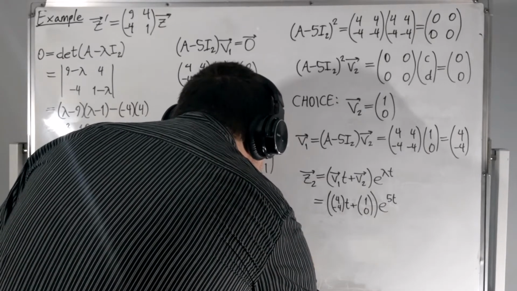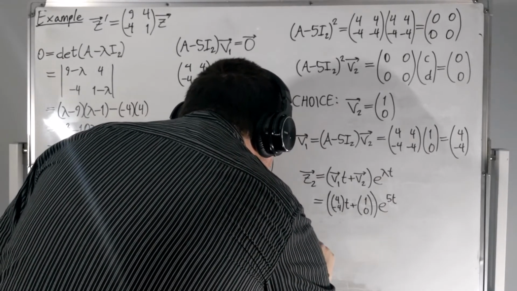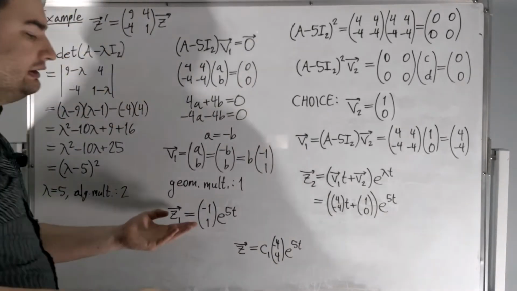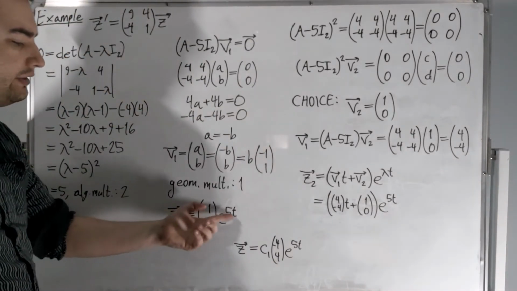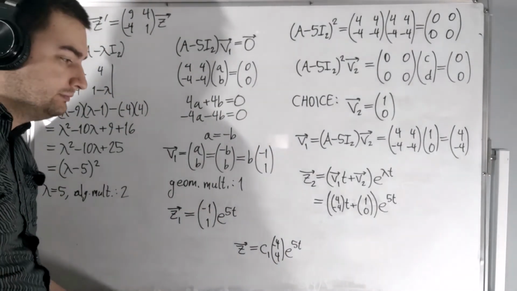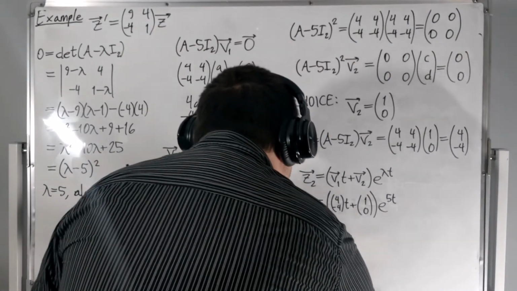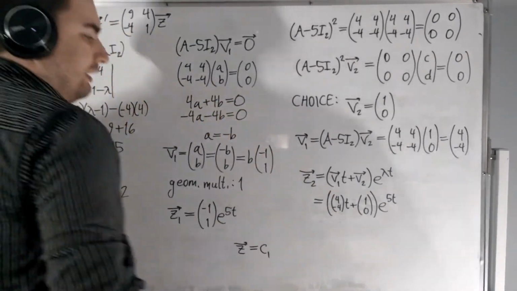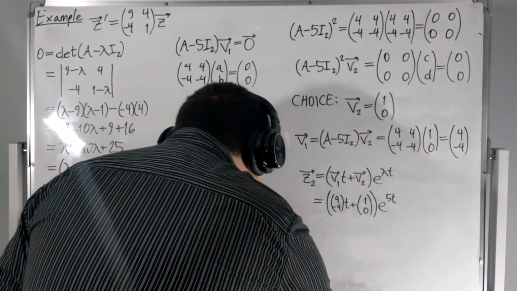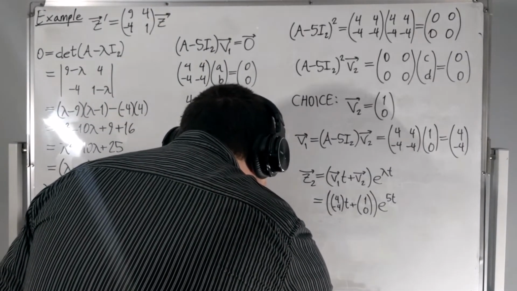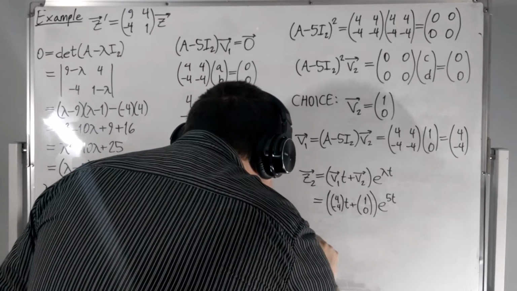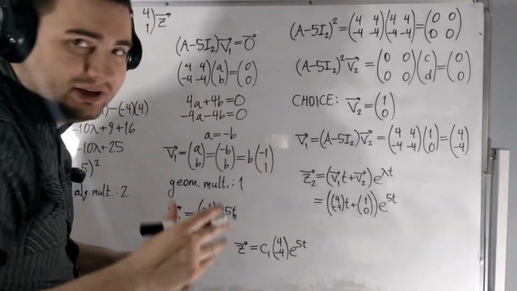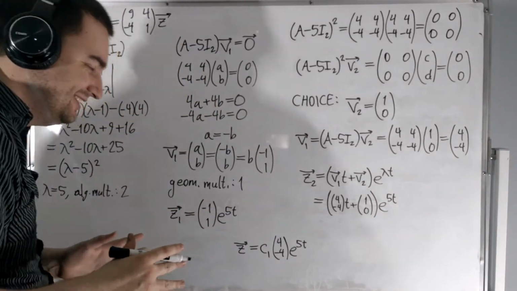So negative 4, 4, e to the 5t. Or you can take negative 1, 1 e to the 5t. It actually doesn't matter. Wait, no, sorry, I meant to write 4, negative 4 e to the 5t. Although, like I said, it doesn't matter.